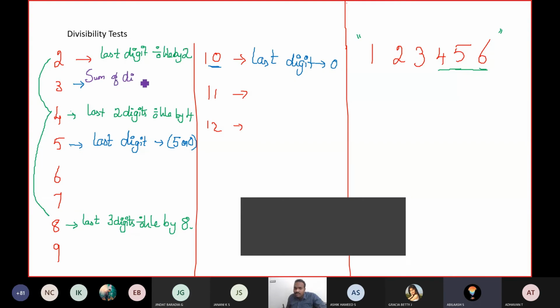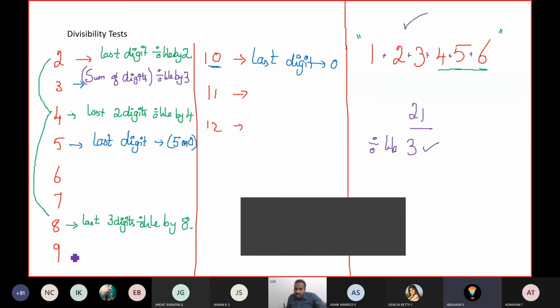What is the sum of digits for this particular question? 21. So it's divisible. Very good. Because when we add all the numbers, I get 21. So 21, yes, it is divisible by 3. So the entire number should be divisible by 3.